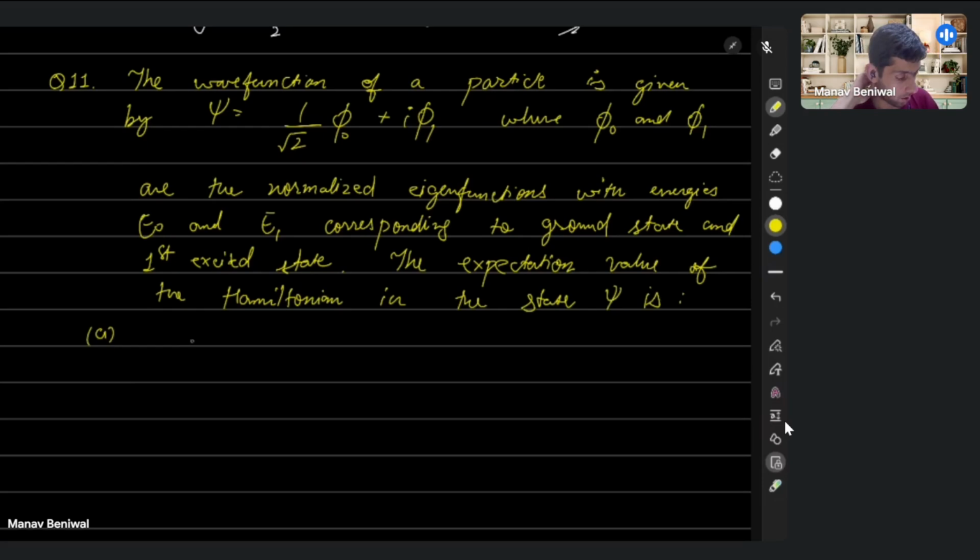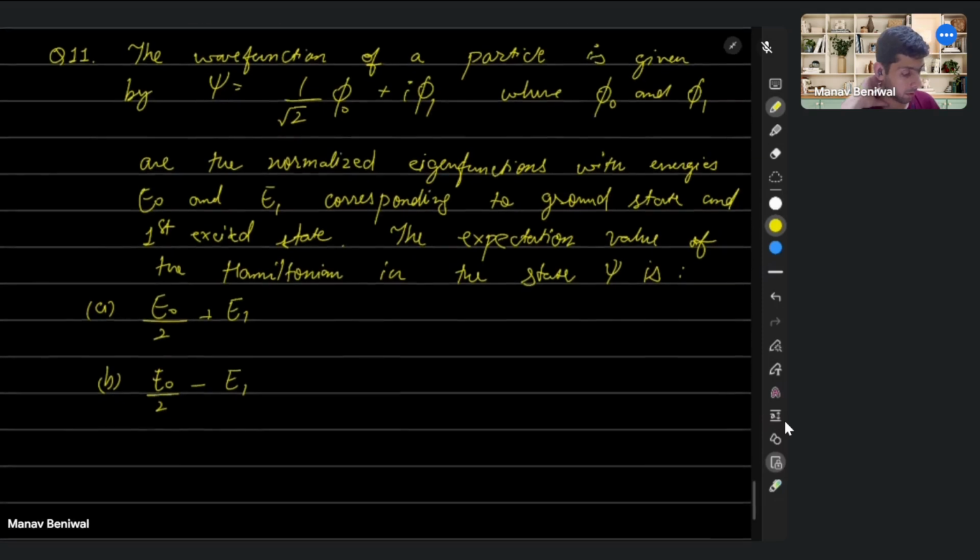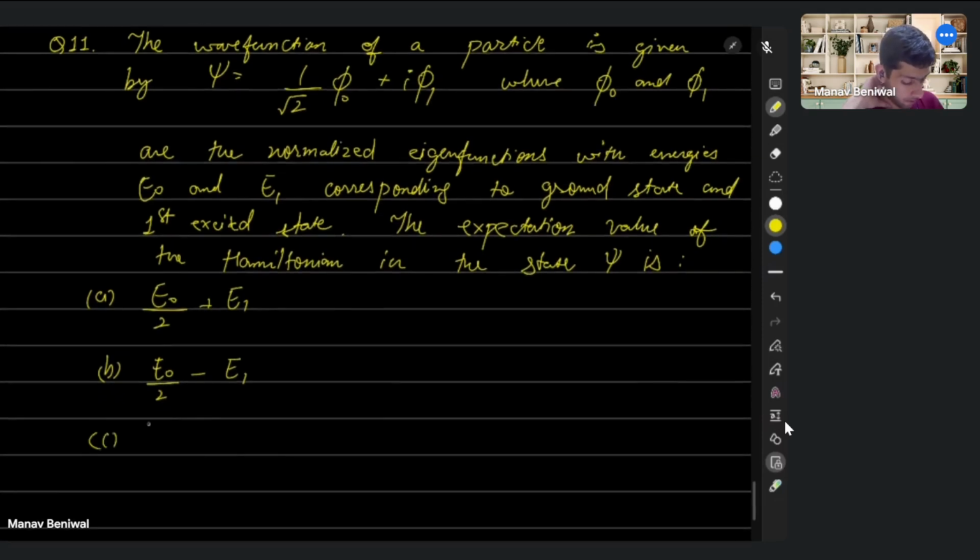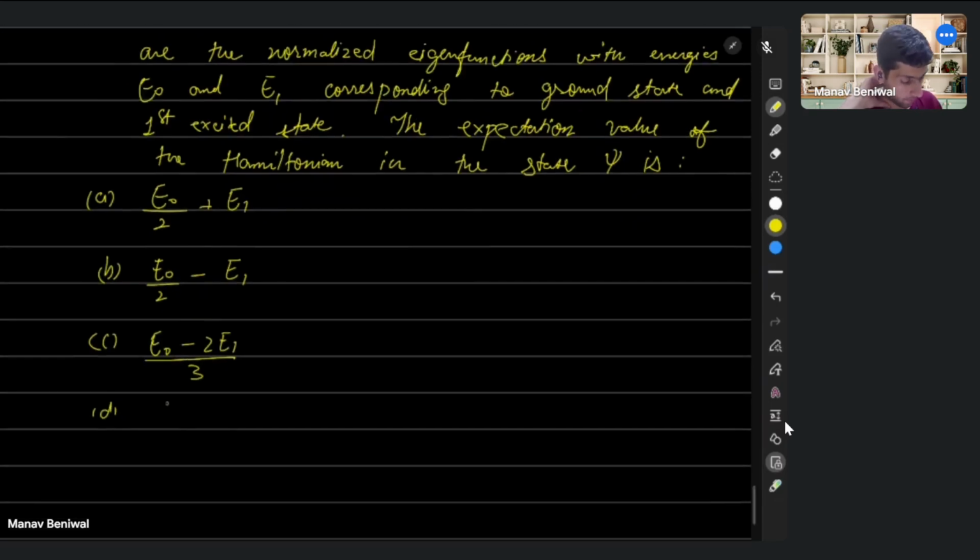Our options are E naught by 2 plus E1, E naught by 2 minus E1, E naught minus 2 E1 by 3, or finally E naught plus 2 E1 by 3.